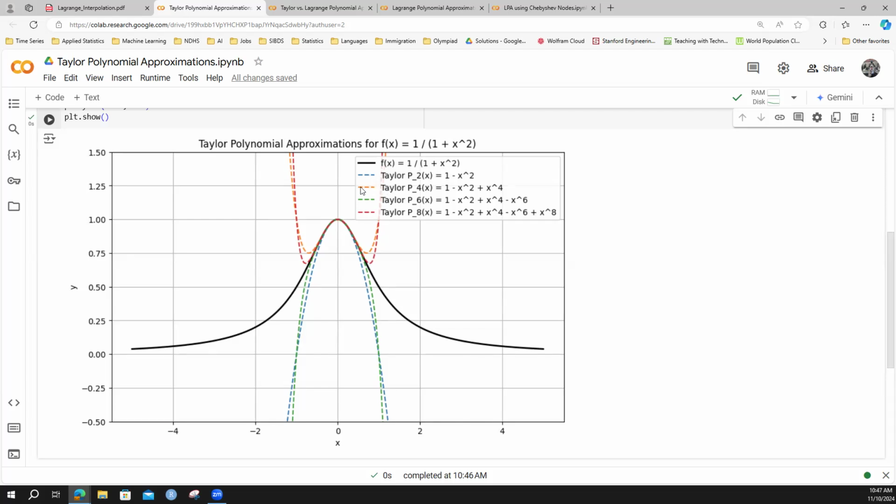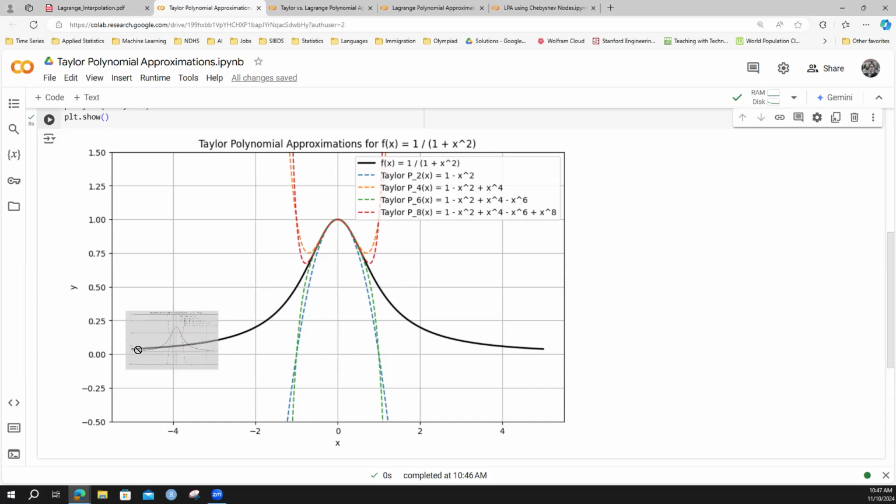If you go with P4(x), the dotted orange color, you see that it is again accurate at the center, x equals 0. But everything far away from the center is not able to approximate my original function.